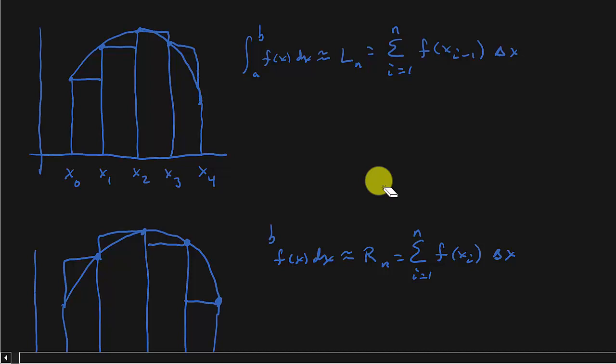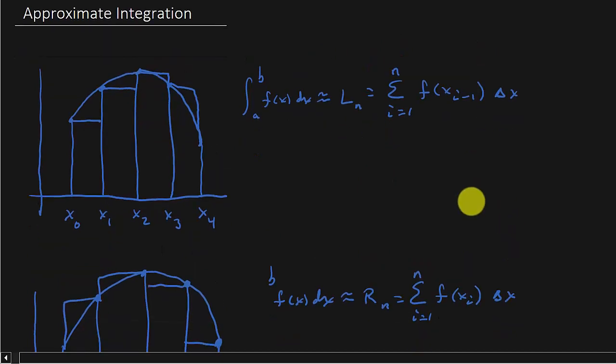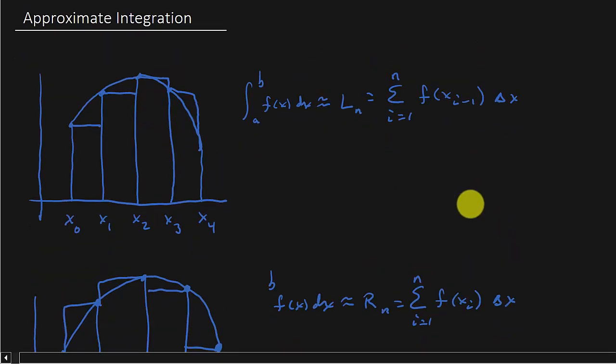Earlier in the course, you have approximated the area under a curve using left endpoints, where you find the area of each one of these rectangles and then you add them up. Notice you got your left endpoints right here.